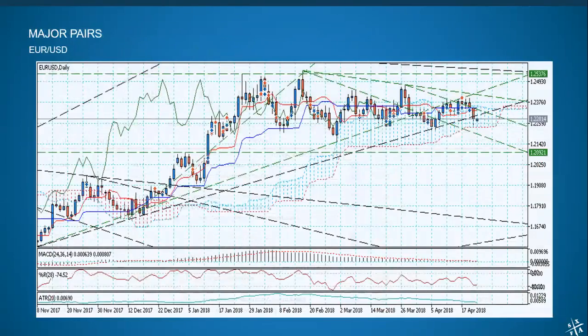We can see the euro dollar on the screen right now on the daily. It has done a retreat back to the outer trend line, I should say, that it has been following for more than a year now. It breached it and is now slowly making its way back towards the top. So these are the normal reversals.